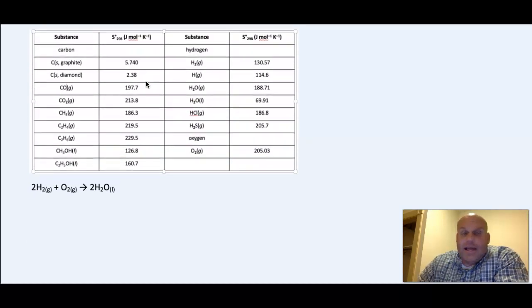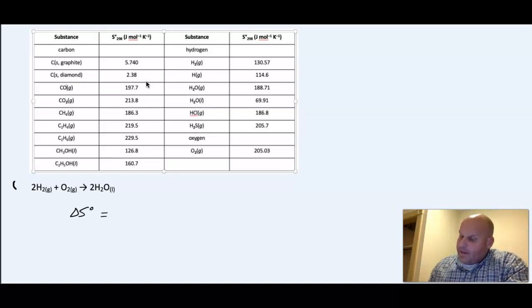So if I were to take a look at this reaction based on the values given in the table, I could set this up pretty easily. Again, the change in standard entropy is going to be the sum of the products minus the sum of the reactants.